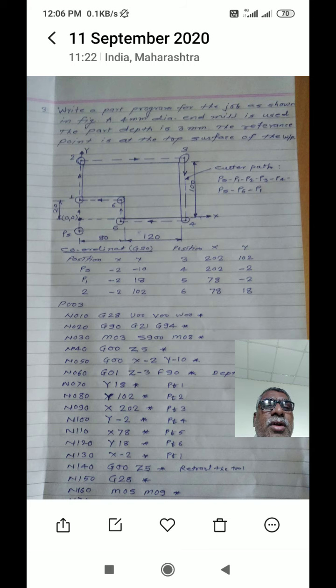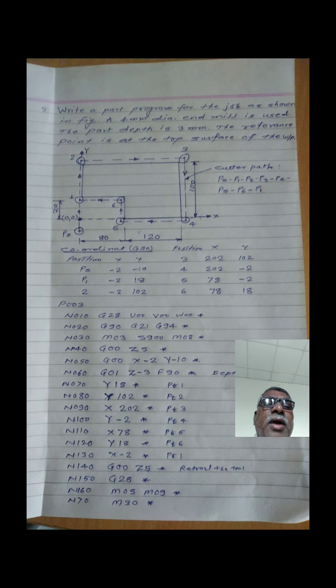Only write down the changing coordinate, that is the y coordinate. As the cutter is moving along the y-axis, you have to write down the y coordinate, Y18, end of the block. Means during the block number 70, your tool is moved from point P5 to point P1. Is it clear? That is N070 Y18, end of the block. Is it clear?